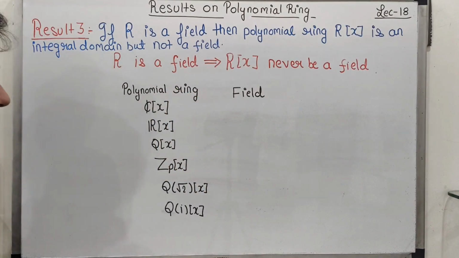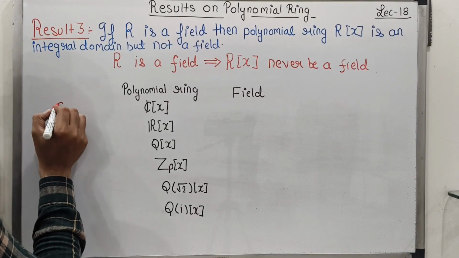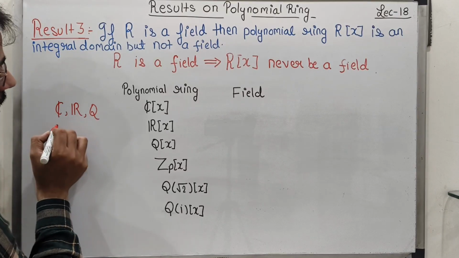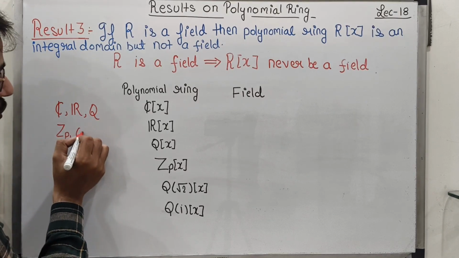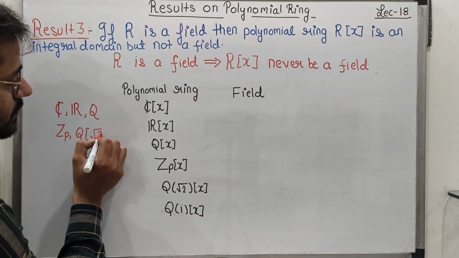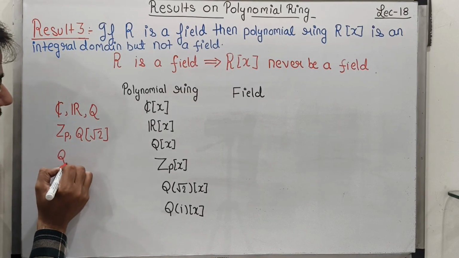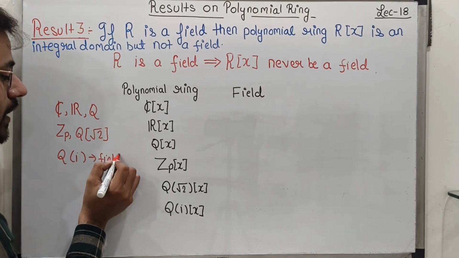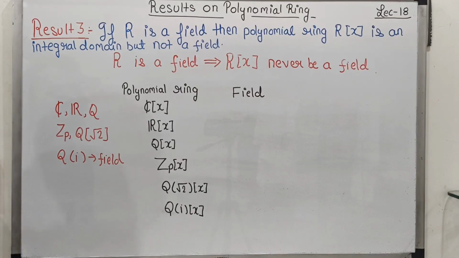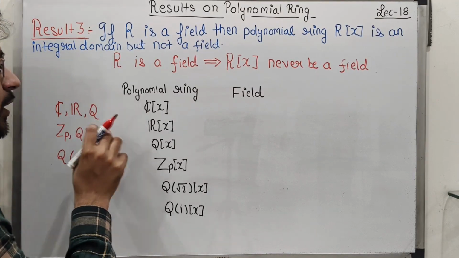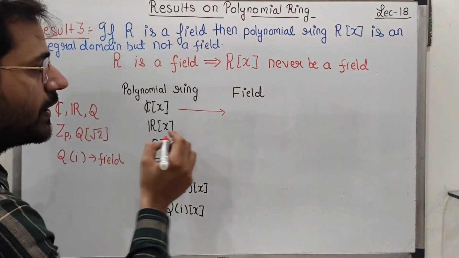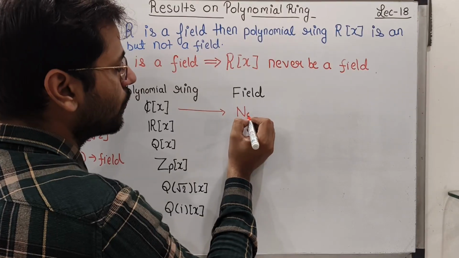That is, the complex numbers, real numbers, rational numbers, Z_p, Q(root 2) and Q(i), all these are fields, and if you define a polynomial ring on these fields, then that polynomial ring will not be a field.